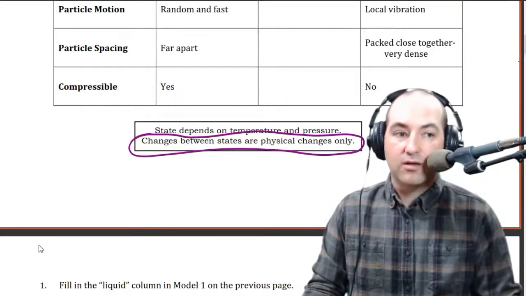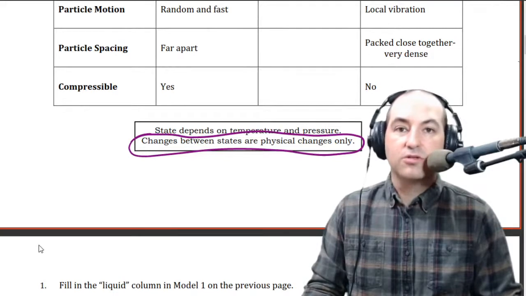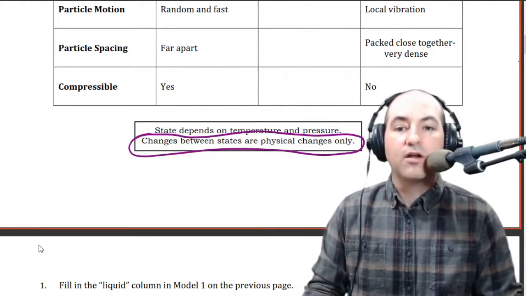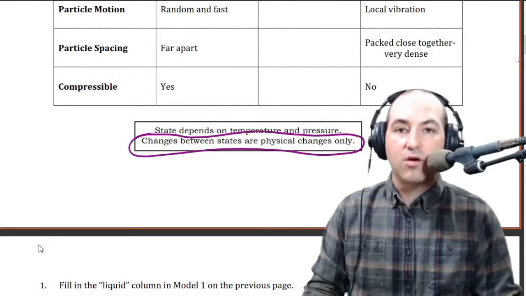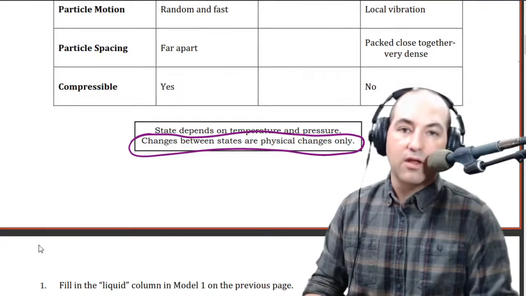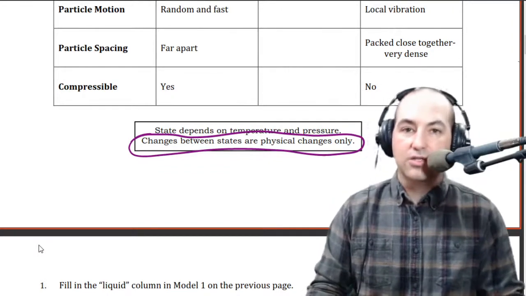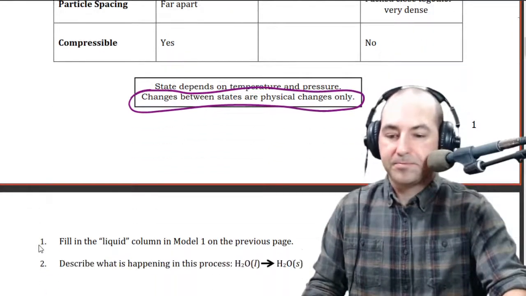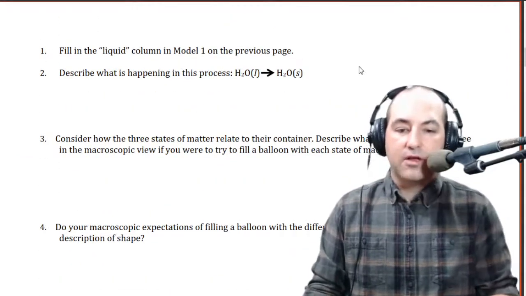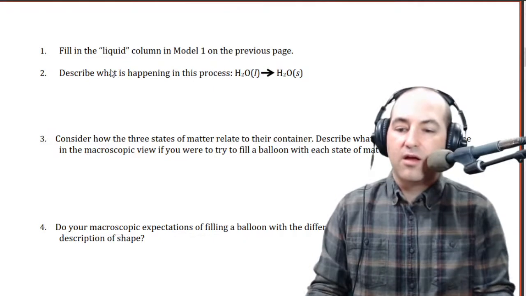So if you have water in a solid, you melt it, you still have water, just in a different phase. You vaporize it, you still have water, but in a different phase. At no point during those operations would you actually split up a water molecule into, say, hydrogen and oxygen atoms or something like that. So the way we would write this chemically, you can see this example here.